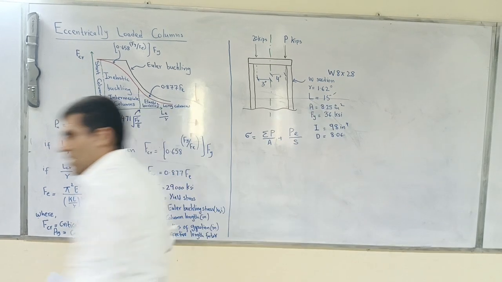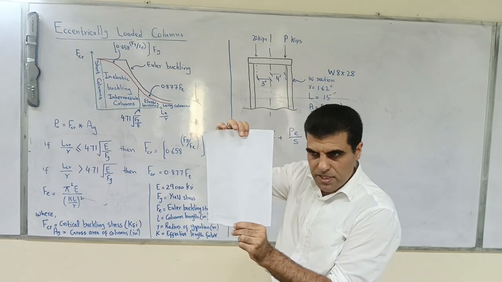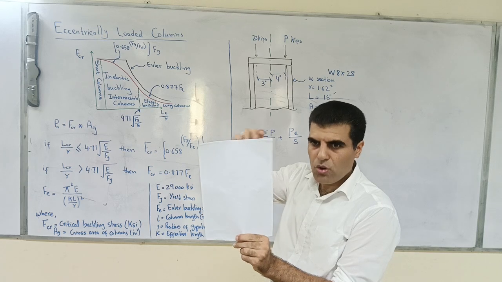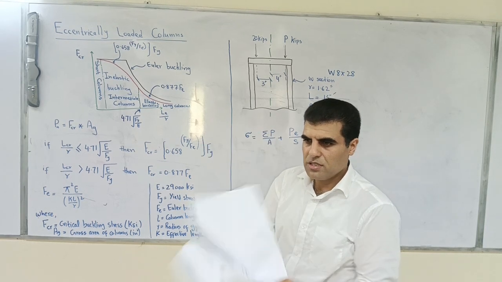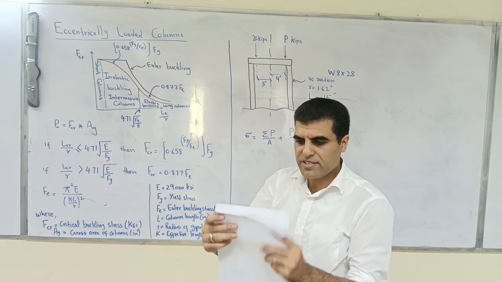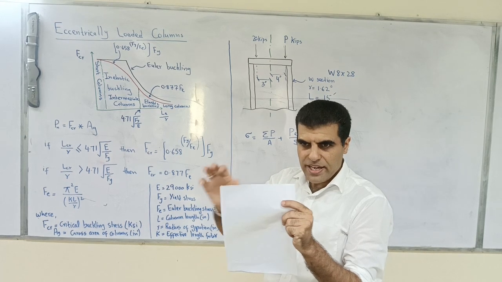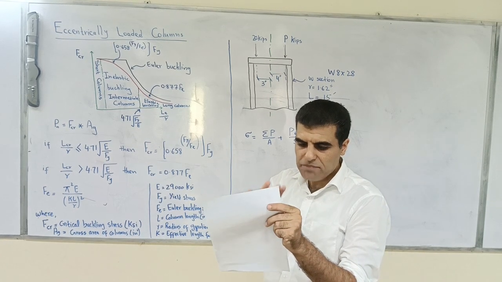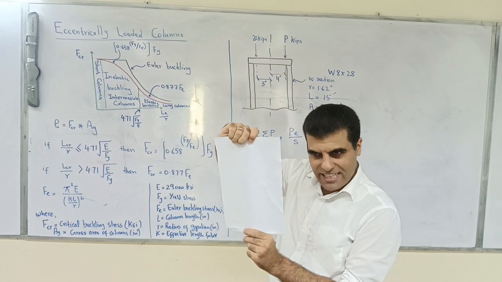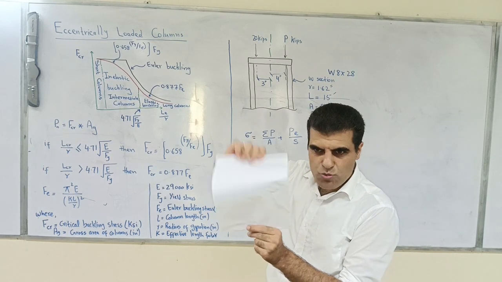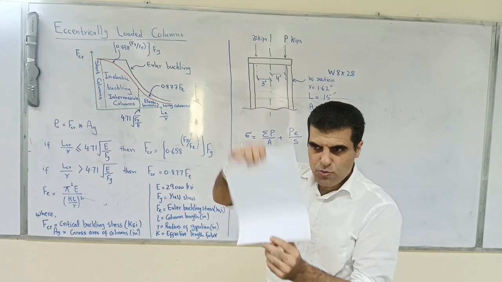But if we, on the other hand, look into the example of a paper, its longer dimension is almost say 1.5 times the height of this paper. But this is very easy to buckle.